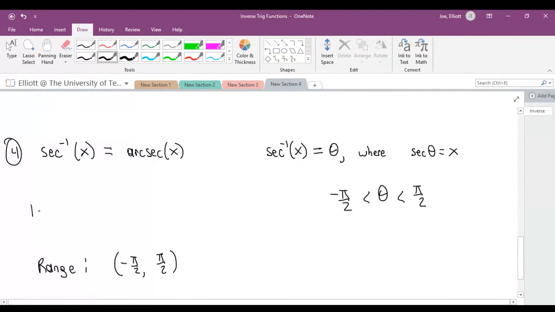Now, remember that the domain of the inverse trig functions, you can always figure out as being the range of the regular trig function, okay? So do you guys remember what the range of the secant function was?